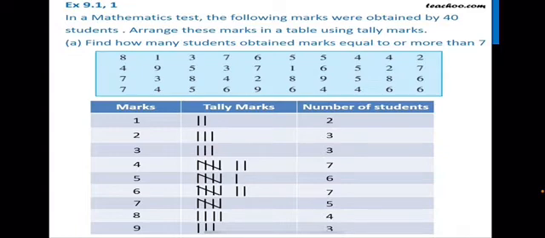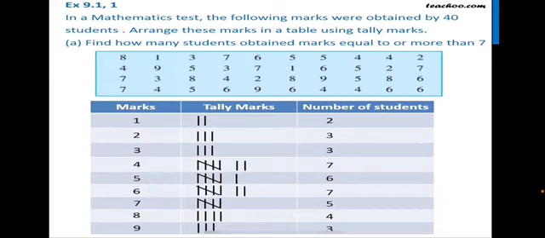Now 3 marks, let's see, 1, 2, 3, again 3 tally marks. Now 4 marks, 1, 2, 3, 4, 5, 6 and 7. So what we'll do over here, we'll make first 4 sticks and cross 1, make it 5, and plus 2 separate sticks, so that will be 7 sticks.